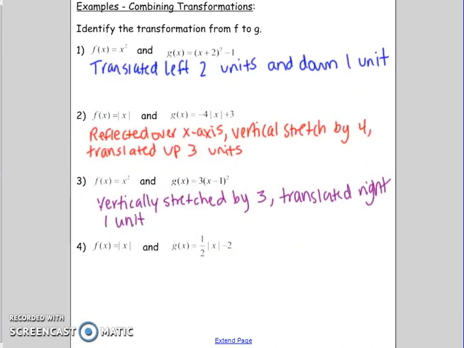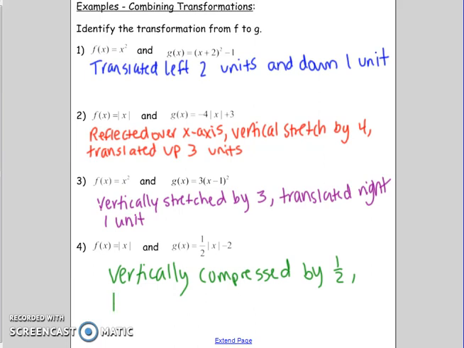Okay, and this last one, we have a 1/2 in front. That's vertical because it's in front, and this one's a compression. So it's vertically compressed by 1/2. And then the minus 2 is on the outside, so it's translated down 2 units.